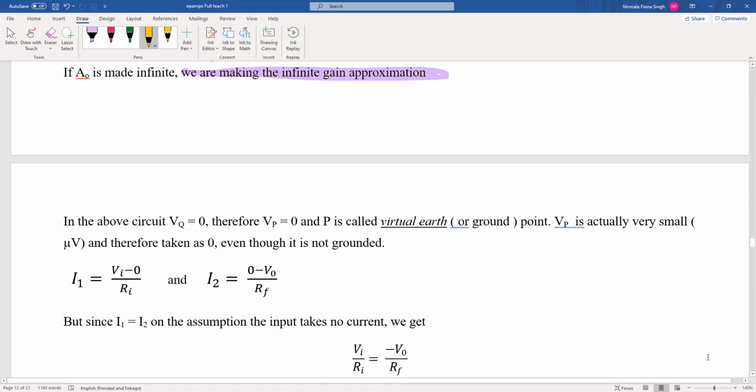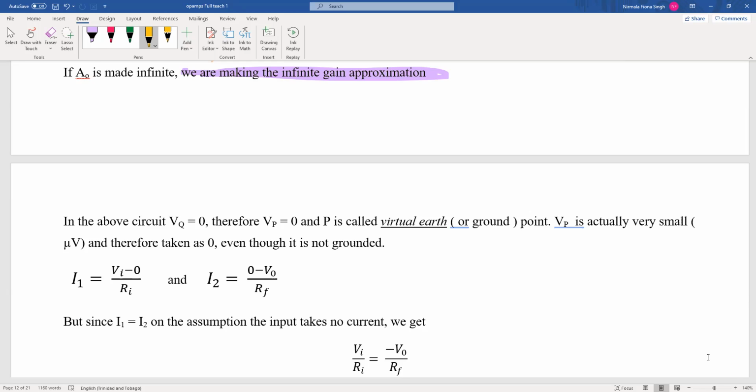So that's virtual Earth. This is basically a point we're going to use for mathematics to do comparison in numbers. So in the above circuit, VQ is zero, which is our grounded non-inverting input. VP is also zero because we have created a virtual earth point. VP is actually very, very small, on the scale of microvolts. Now, a microvolt multiplied by 100,000 or a million is going to give us a value we can use in a circuit.